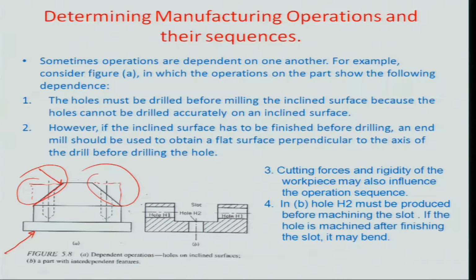So if I were to precede the drilling by the milling process, meaning that the milling has been done and then the drilling is performed, is it a good option? The answer is no, because obviously drilling on an inclined plane is much tougher than drilling on a flat surface.